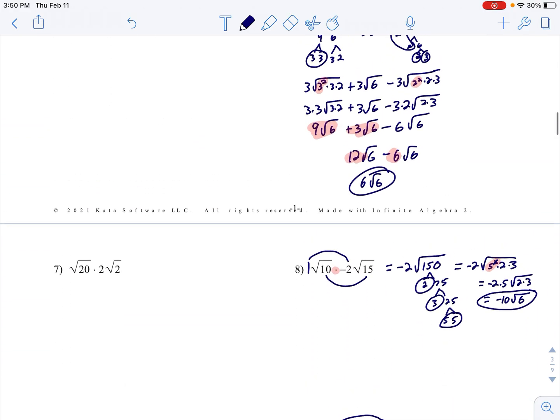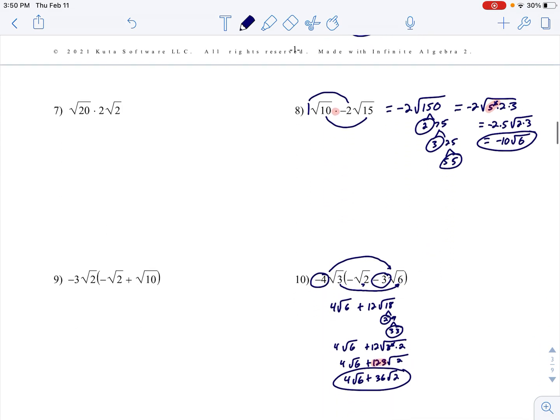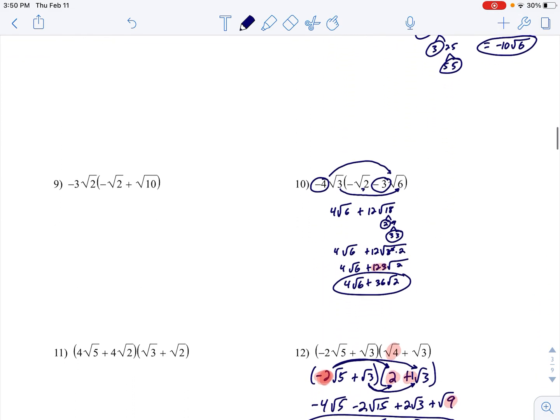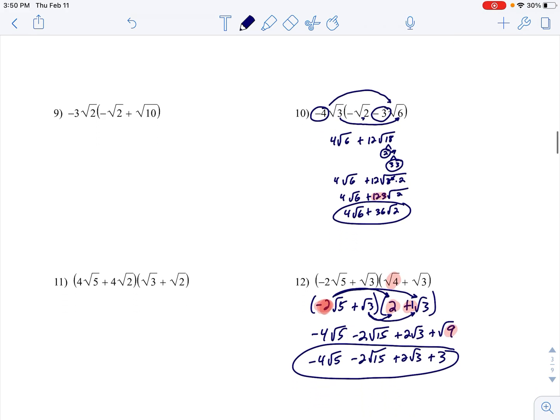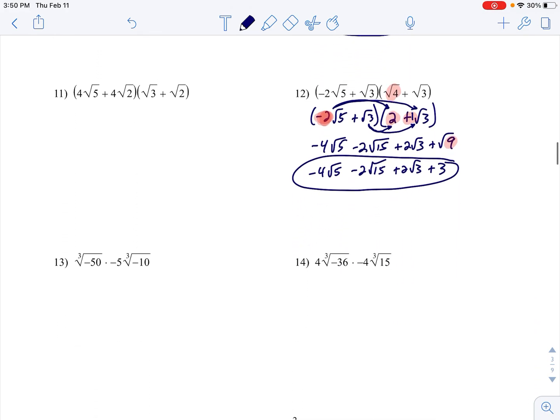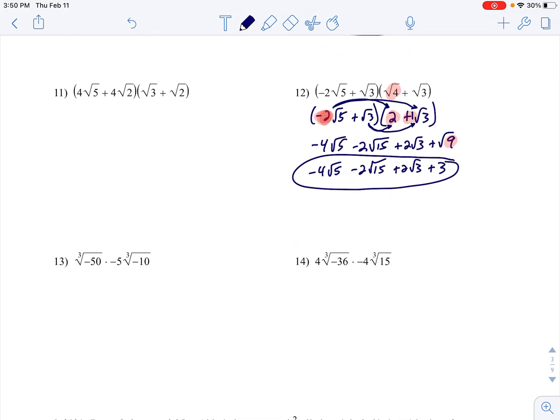Next, we get just multiplying, and then after you multiply, simplify. Number 9 and 10 is also multiply, but you have to do the distributive property. That's a type of multiplying, and then simplify if you can. Number 11 and 12 are foiling. So a whole lot of multiplying, and then again, simplify if you can.